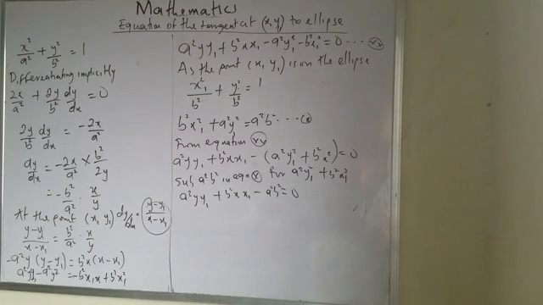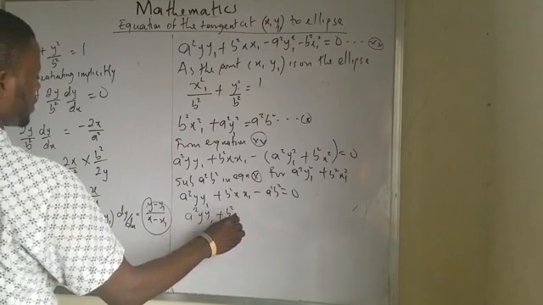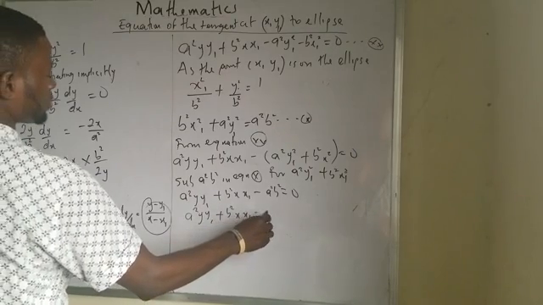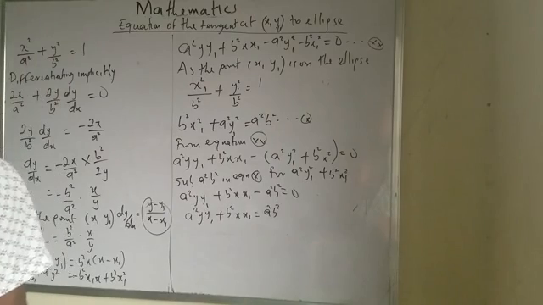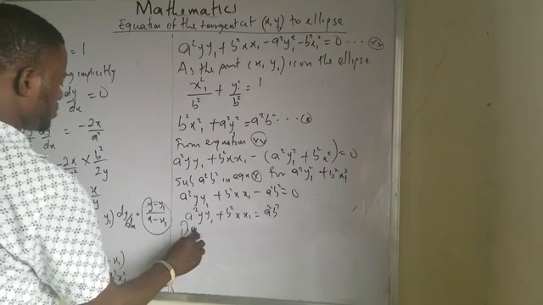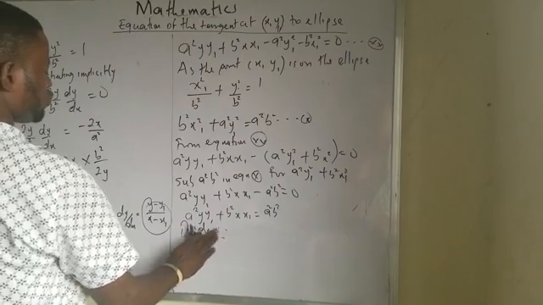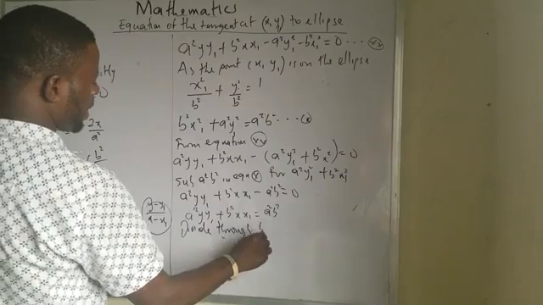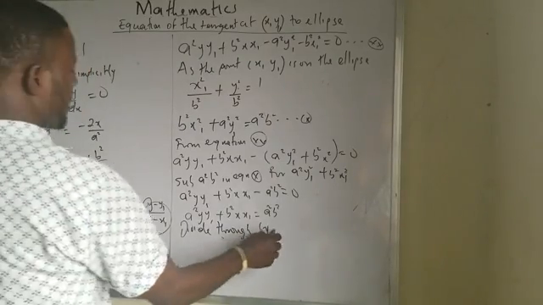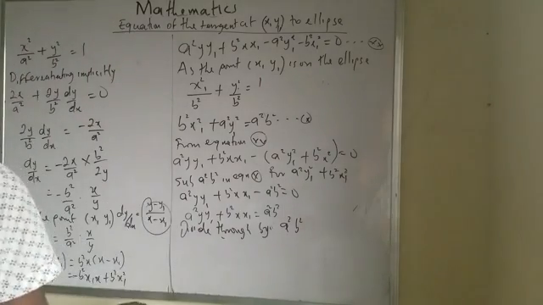Now, since I have it that way, I can now say that a squared y1 plus b squared x1 equals to a squared b squared. Now, which I will have something very good. Now, since I have it this way, I can continue divide through by a squared b squared, because we are working towards ellipse.